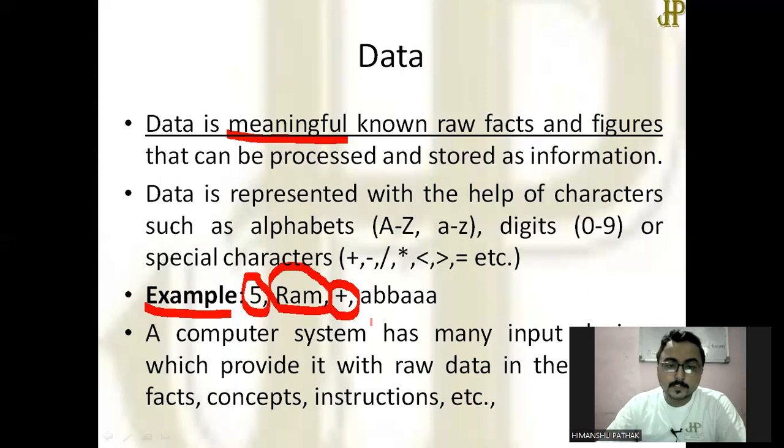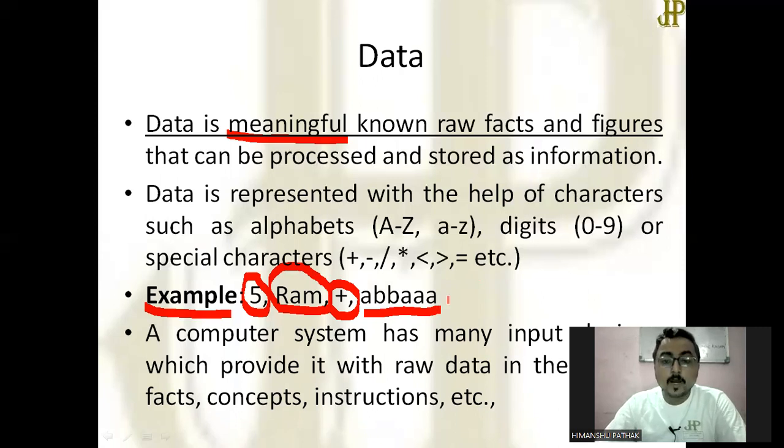But what is this? A, B, B, A, some combination of letters. It is unpredictable what it is for a layman.